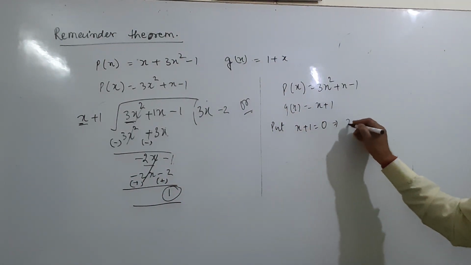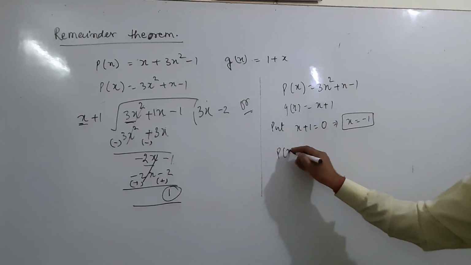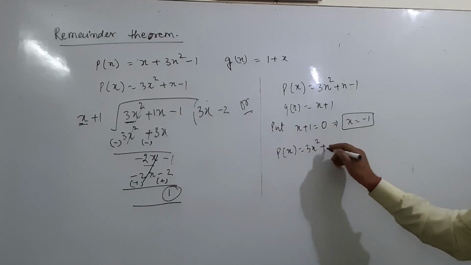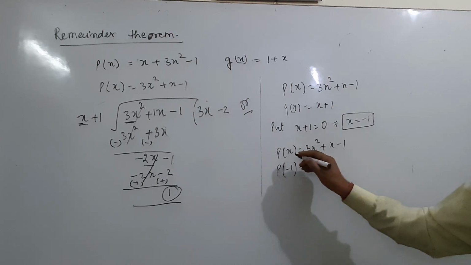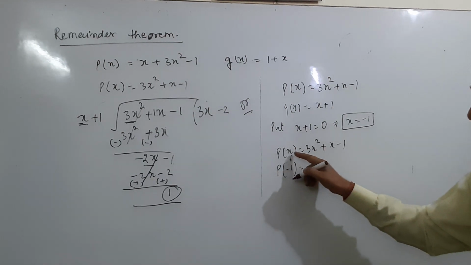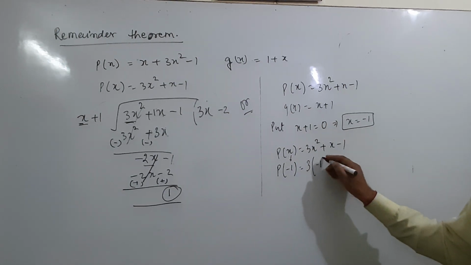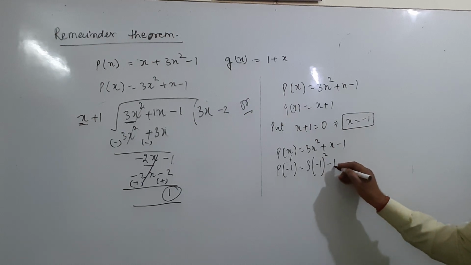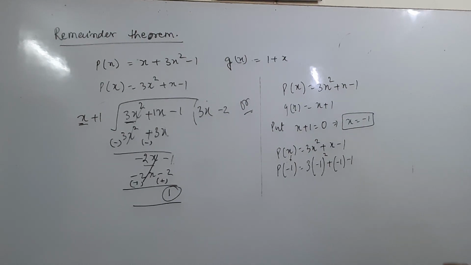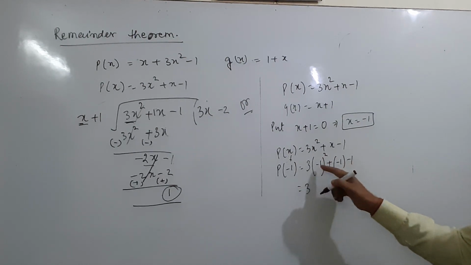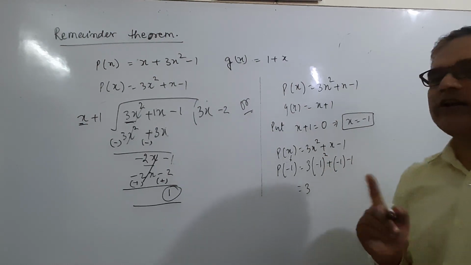So here x is equal to minus 1. So p(x) equal to 3x square plus x minus 1. Here x is put minus 1, minus 1 in place of x. 3 times minus 1 square plus minus 1 minus 1 is equal to 3 minus 1 minus 1.